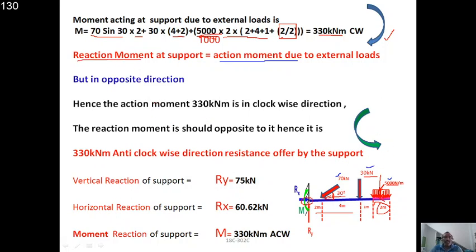Therefore, the reaction moment at the support, which is in green color, should be in the opposite direction, that is anti-clockwise, with the same magnitude, 330 kilonewton meter. Hence, using that, you can obtain all the values. Now you know the reactions of the support: Ry, Rx and the moment.